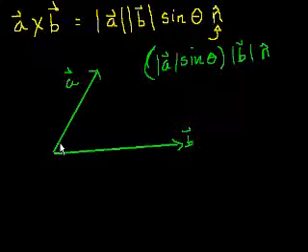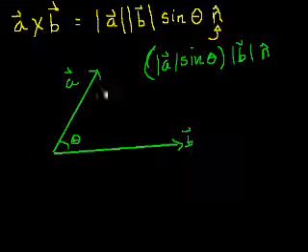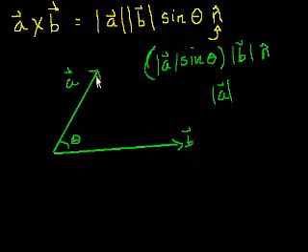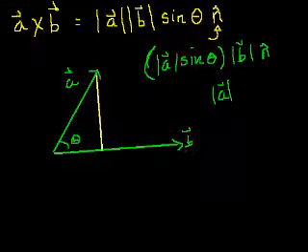A sine theta, if this is theta. What is A sine theta? Sine is opposite over hypotenuse, right? If I drop a line here, I have a right angle right there.